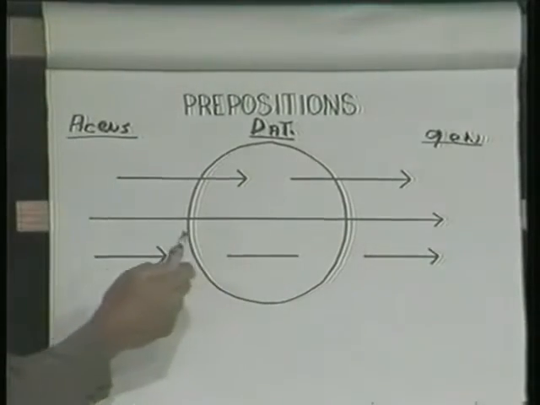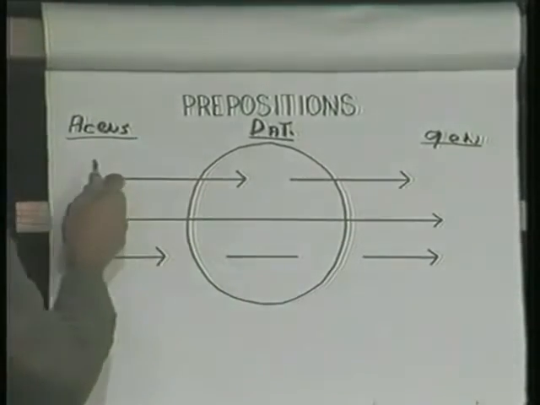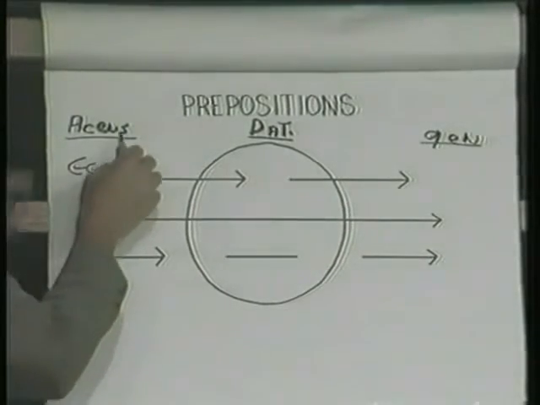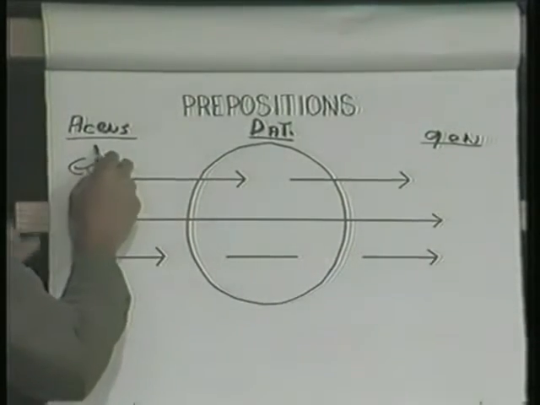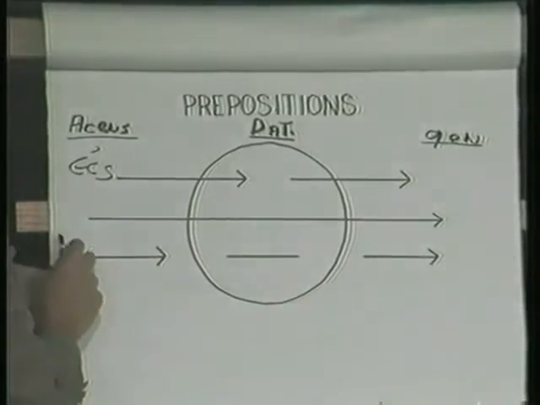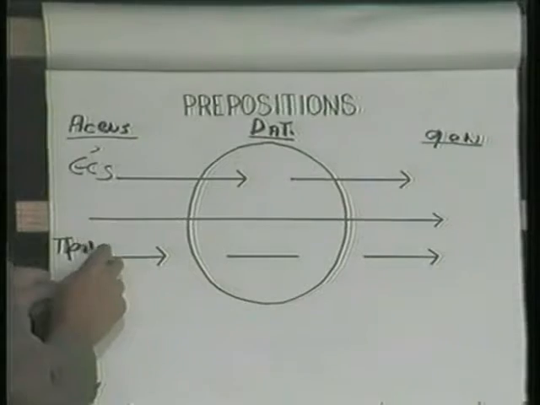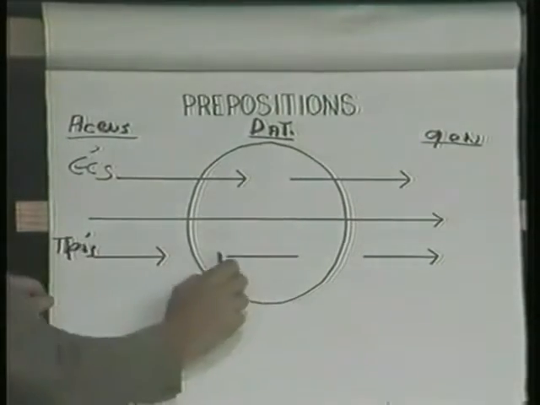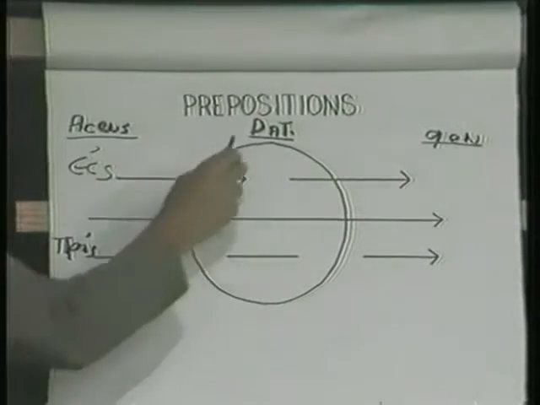So you'd expect then for eis, which means into, you expect eis to be with the accusative. Eis, motion, or going into. Pros, toward, would be with the accusative as well.